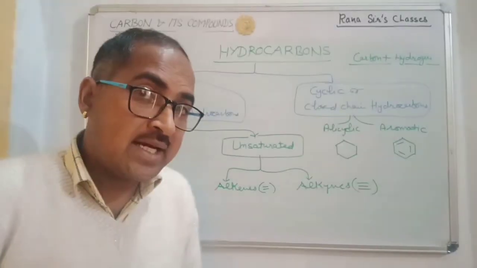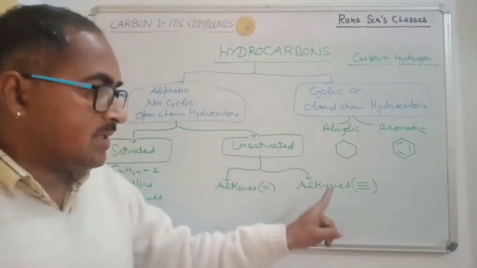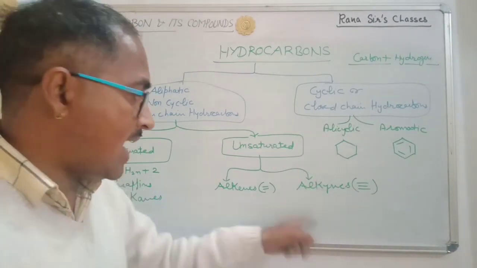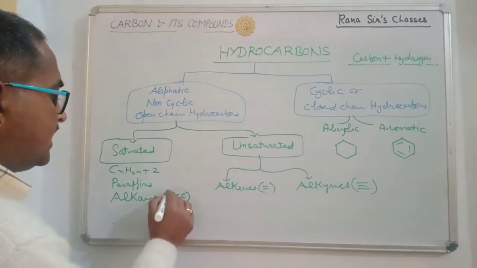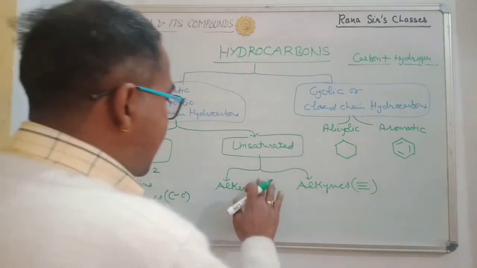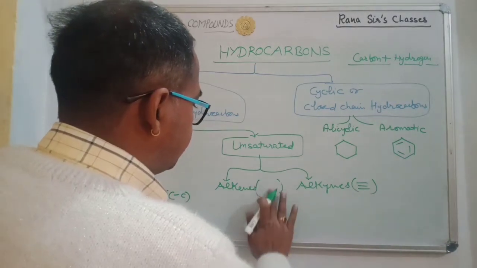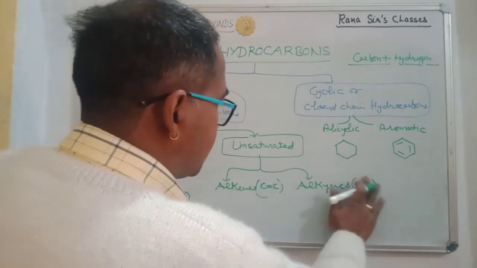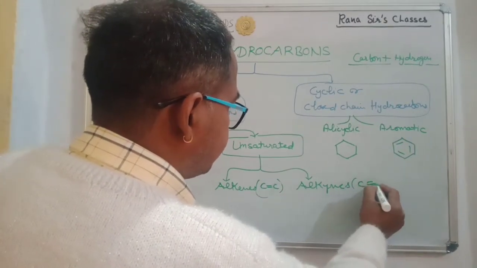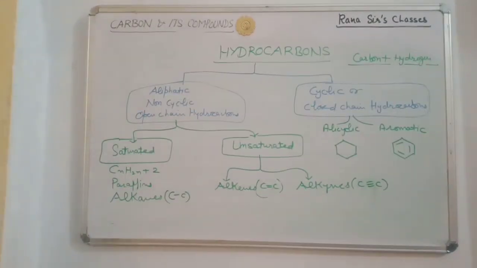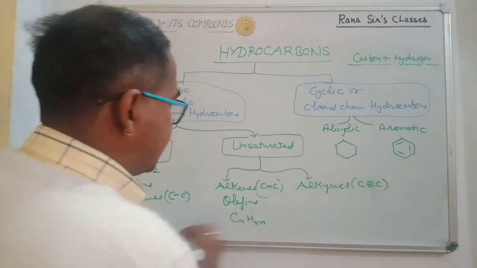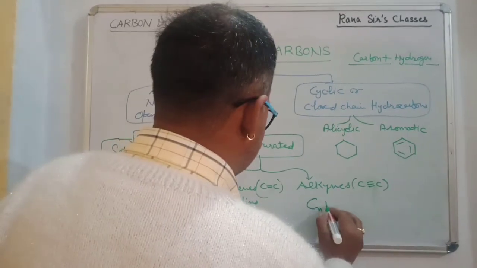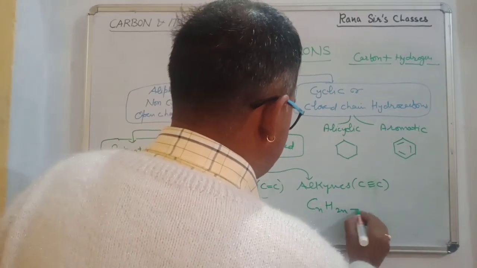Double bond between carbon and carbon in alkenes, triple bond between carbon and carbon in alkynes, and single bond between carbon and carbon in case of alkanes. You can also write this way. So this is the classification. Alkenes are also termed as olefins. Their general formula is CnH2n, and in case of alkynes, their general formula is CnH2n minus 2.